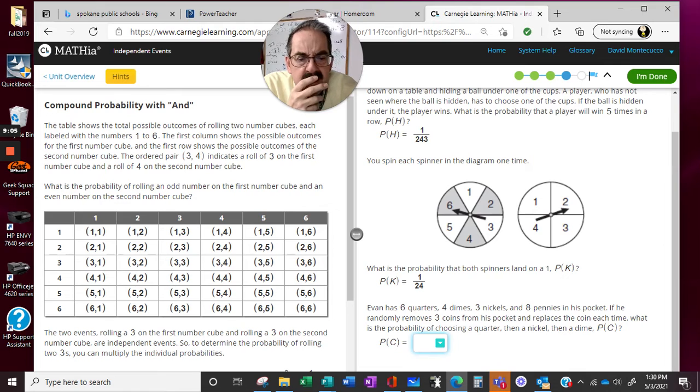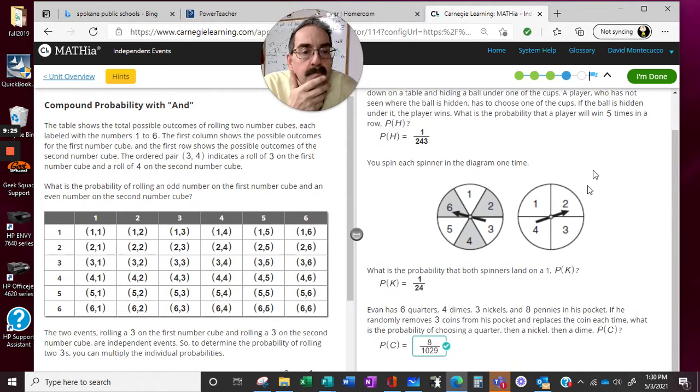There's 21 coins. Quarter, 6 of 21, times a nickel, 3 of 21, times a dime, 4 of 21. Cool.